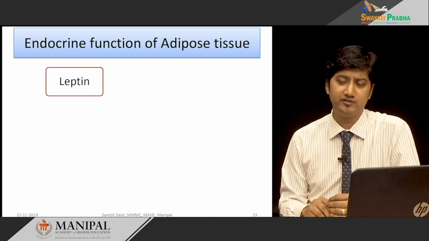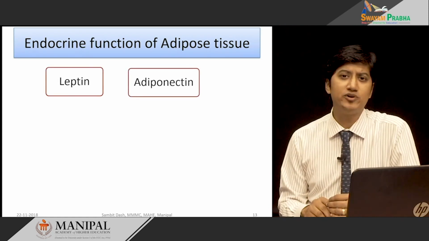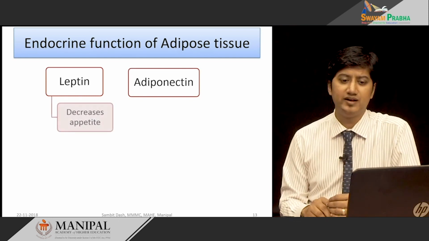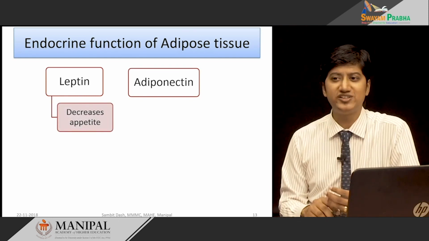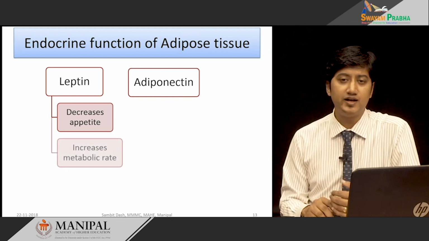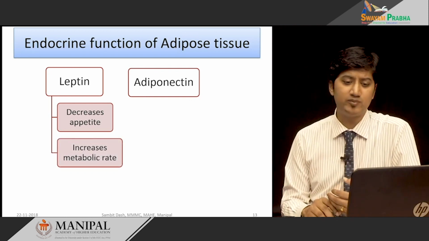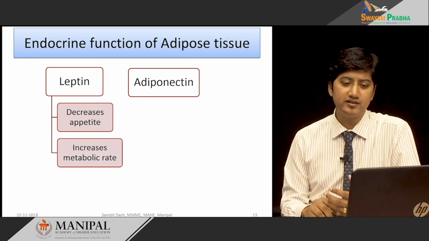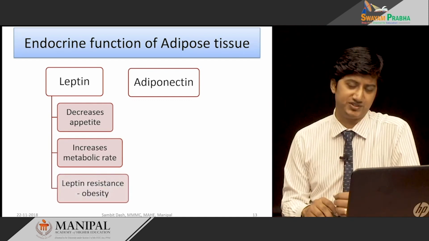The first is leptin, the other is adiponectin. Leptin has been seen to decrease appetite, it increases the metabolic rate in the body, and a resistance to leptin has been associated with obesity.